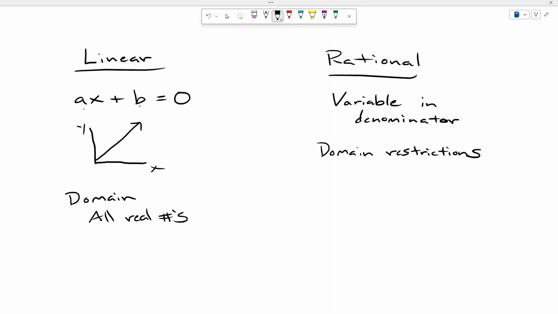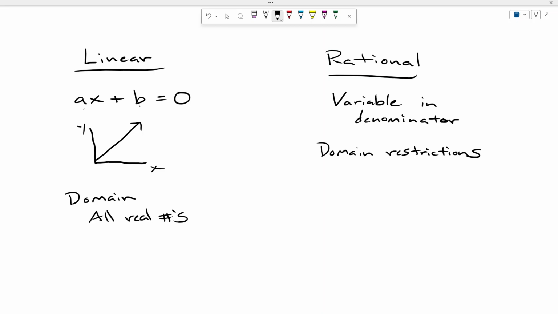And like I had said, if you get a rational one and you have the variable in the denominator, set the denominator equal to 0 first, figure out what x cannot be before you proceed into solving. So you don't get to the end and say, oh, this is the answer.